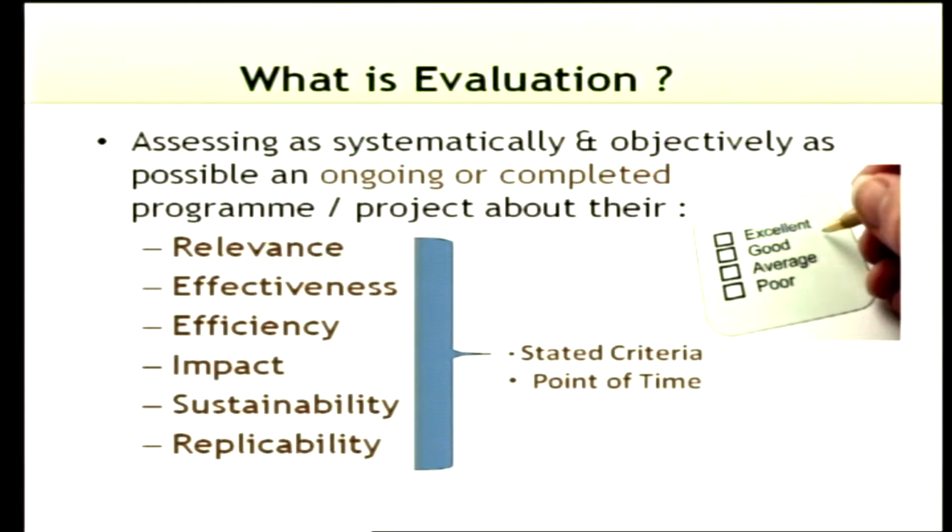And there is one more issue: when you are evaluating a program on some indicators, stated criteria should be there, and at a point of time. If you recollect the definition, it is about an ongoing or a completed program evaluation. Ongoing means it is a midterm evaluation. That means the time of evaluation is in the middle of the program or project.